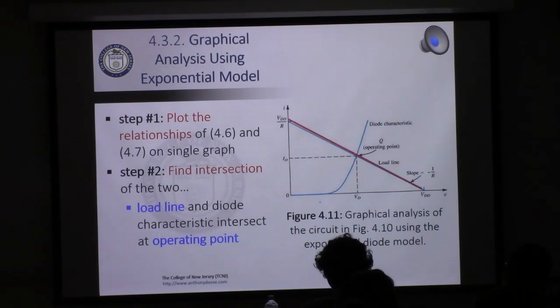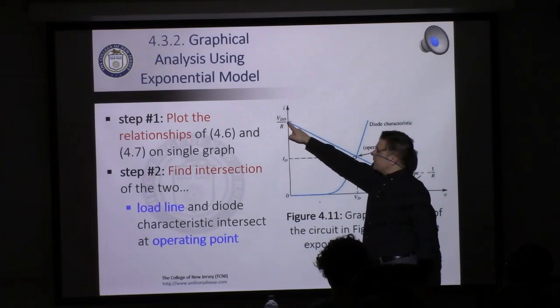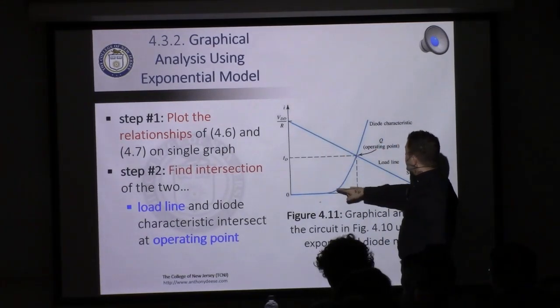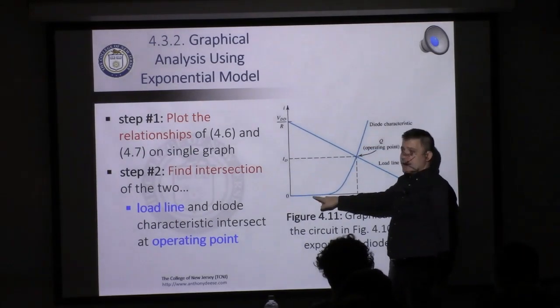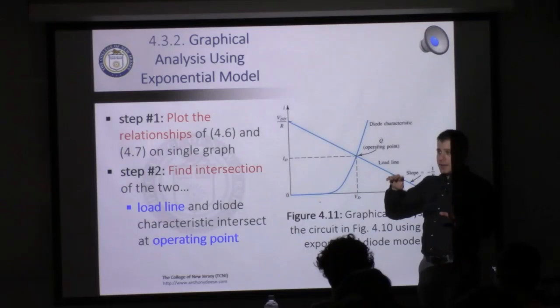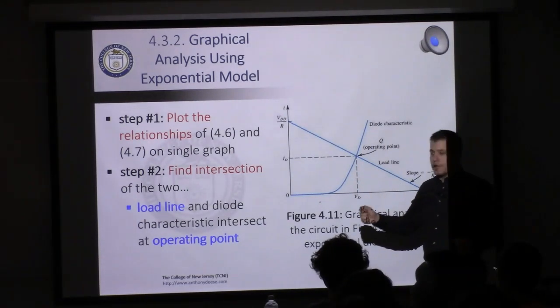Okay, so what we're going to do is graph both of these. And so this here is the load line. This is VDD. The second constraint is this, that ID must be equal to IS times (e to the VD over VT minus 1), the exponential model.